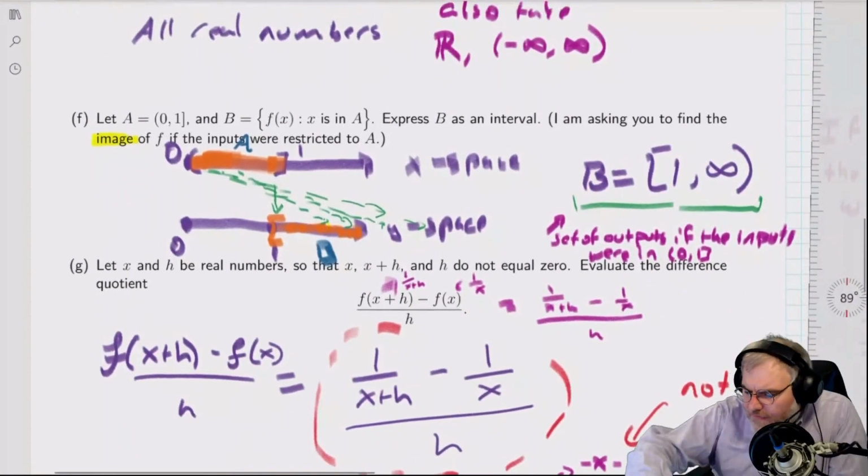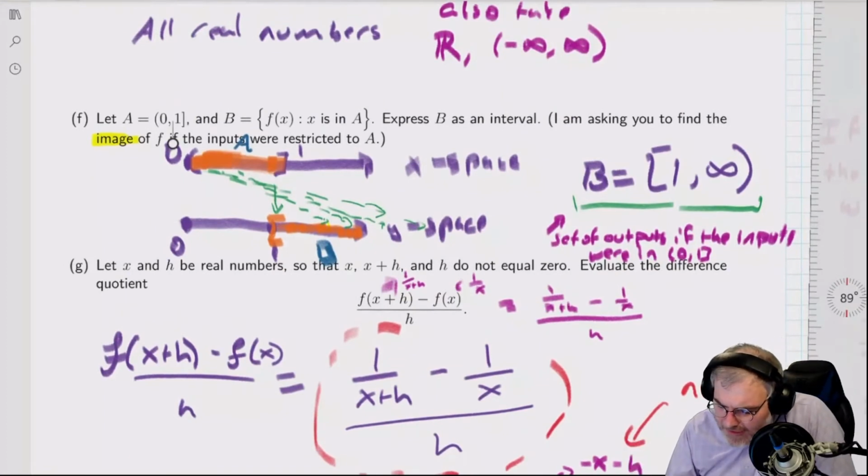I can actually draw this image by doing, okay, here's the x space from 0 off to infinity, right? And I'm going to restrict it from 0, not including 0, to 1.